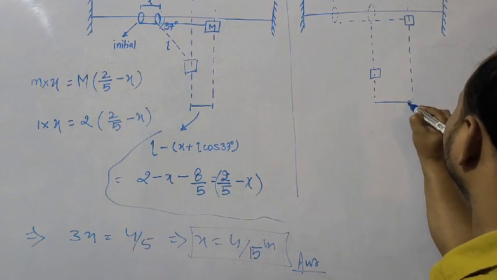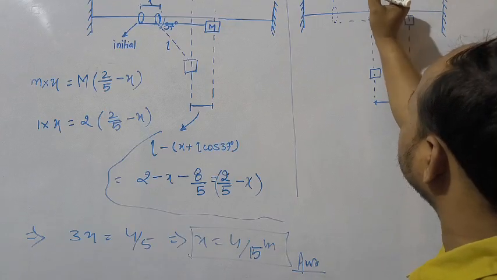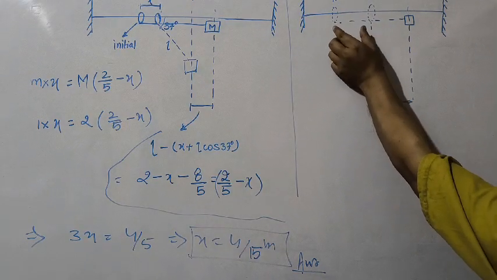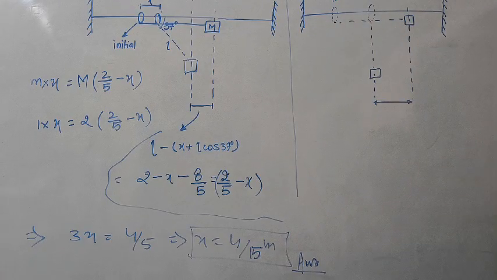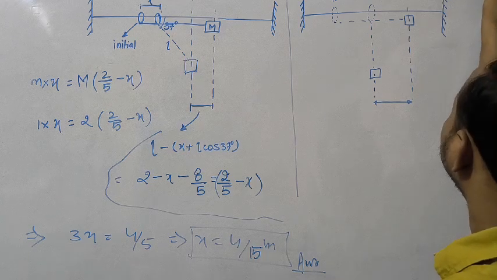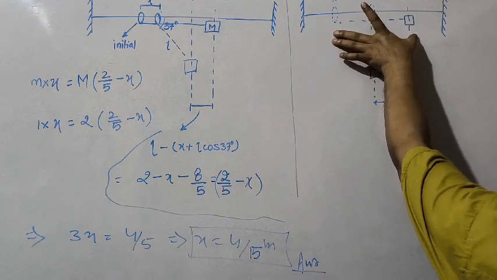Okay, and this is x, we have to find x actually. Now see, this total length is again L is equal to 2 meter. Okay, L is given as 2 meter. This is 2 meter.